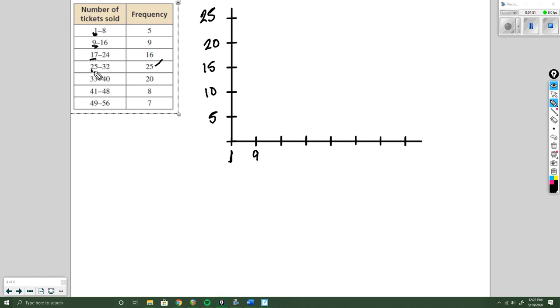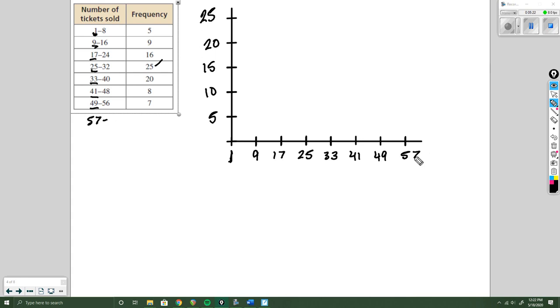We're just using that left part of the interval, that lower bound, to create this axis. Then we have 33, 41, 49, and we also need one more to show from 49 to 56. So I'm going to write down what the next value would be in that very next interval, which is 57.